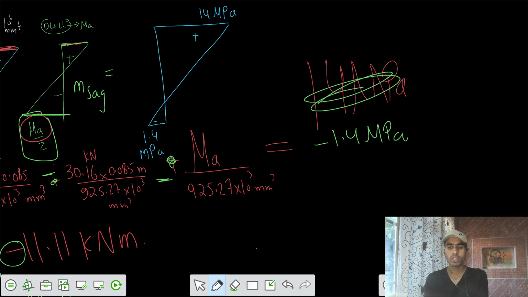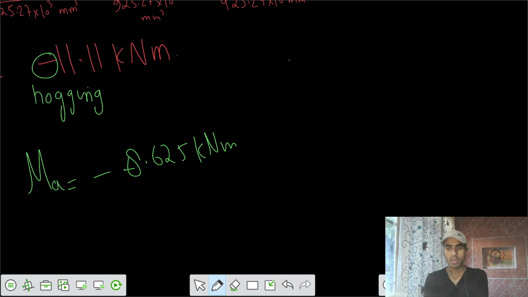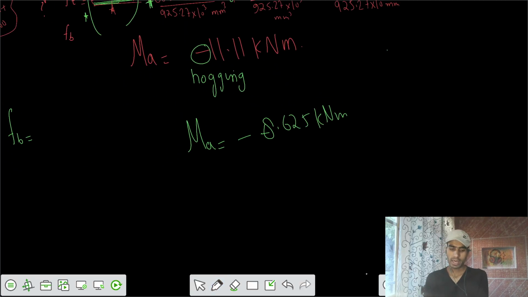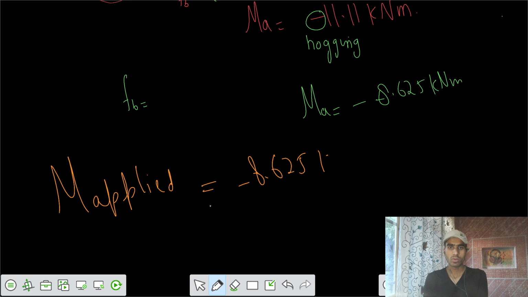From this equation, we get the second condition for the moment applied, the moment because of all the dead load and live load, equal to negative 8.625 kilonewton meter. So the moment that should be applied should be the minimum of those two conditions, that is minus 8.625 kilonewton meters.